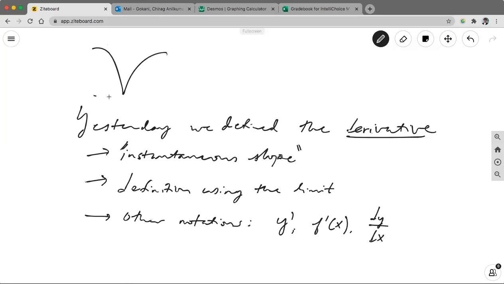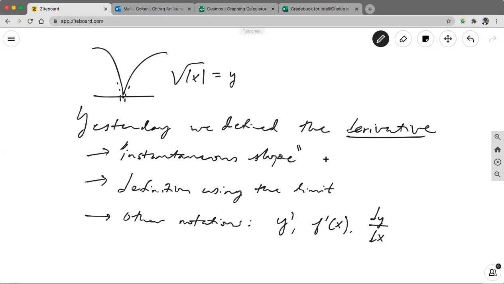It looks like a bird, a seagull or something. There are many functions like this, but generally when you have a sharp point, your function is not differentiable. You have a jump in the derivative here, because you can see that the slope of the tangent lines changes immediately at this point. So we talked about differentiability versus continuity.